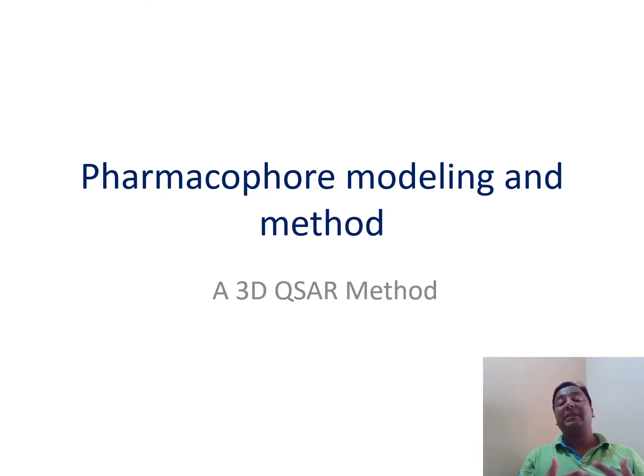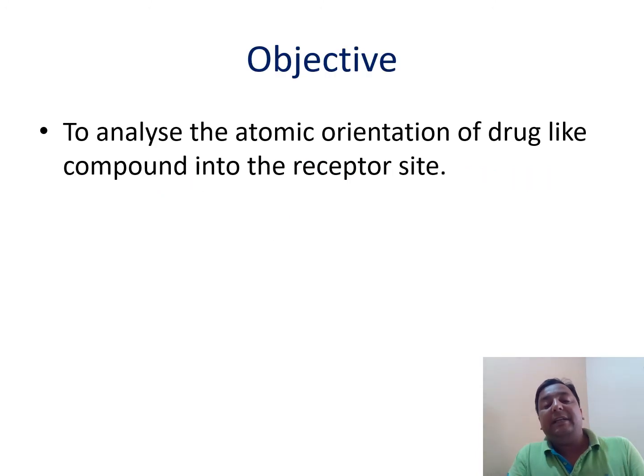Then we will say that for a particular disease, for a particular target, the compound must have these things, and only then will that compound respond for that particular disease or target. Our drug must have this type of features. So the objective of the entire study is to analyze the atomic orientations of drug-like compounds in the receptor sites.